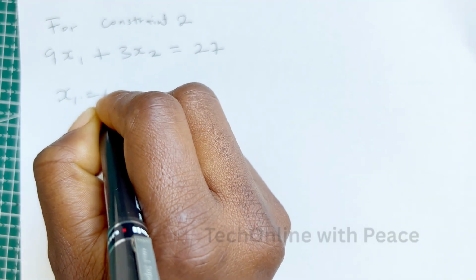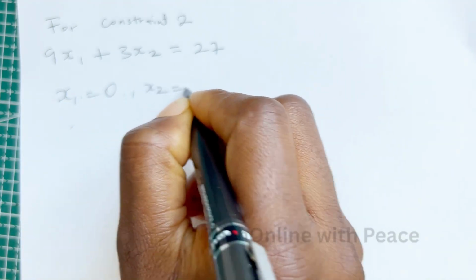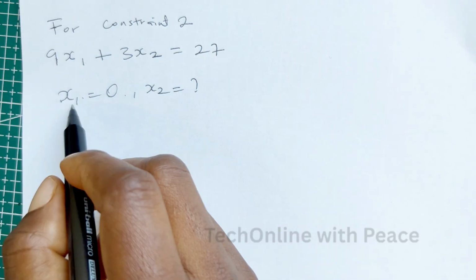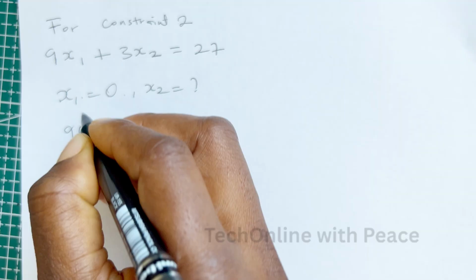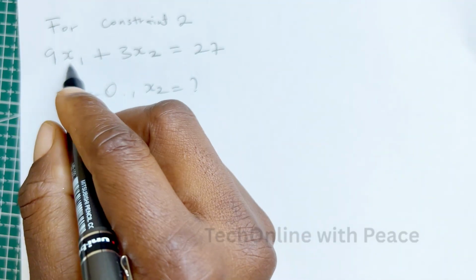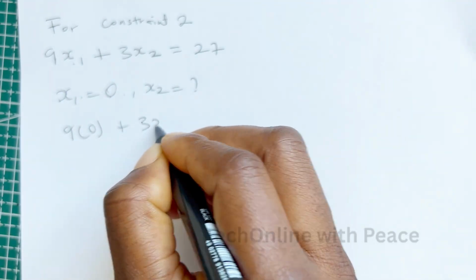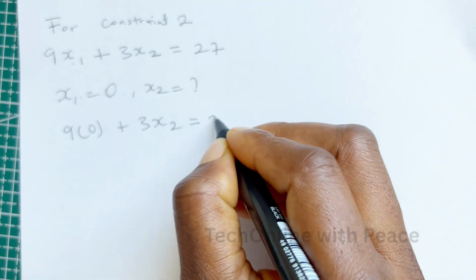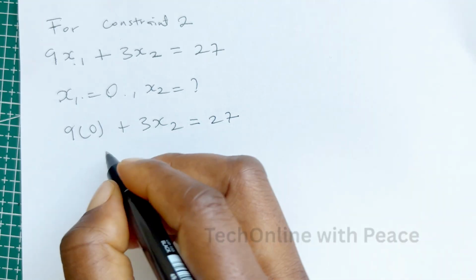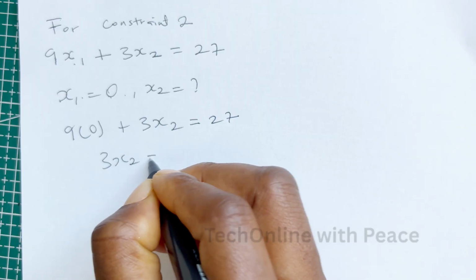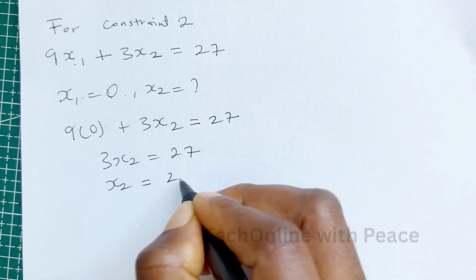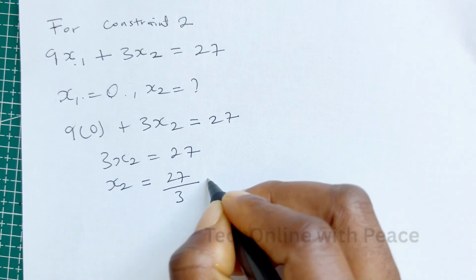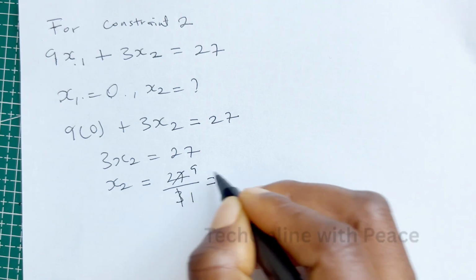We substitute this into the equation. We have 9 times 0, remember x1 is 0, plus 3x2 equal to 27. Therefore, we have 3x2 equal to 27. Therefore, our x2 will be 27 all over 3, which will give us 9.